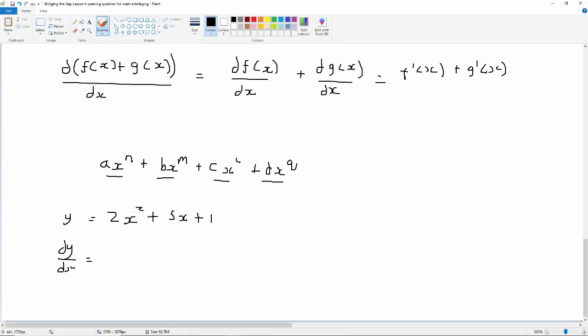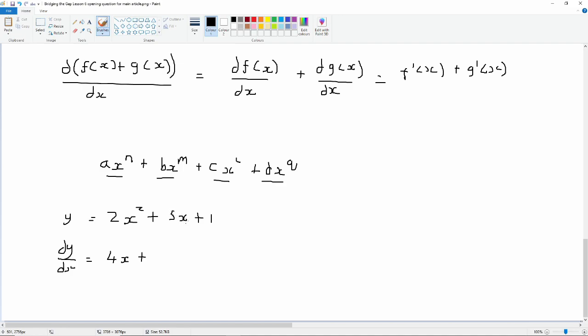So that 2 is multiplied by the 2 to make 4, and then we write down the x, and that 2 becomes a 1, so that's 4x to the power 1, and 4x to the power 1 is just 4x, and then we add. Now we've got 5x. What do we do with the 5x?